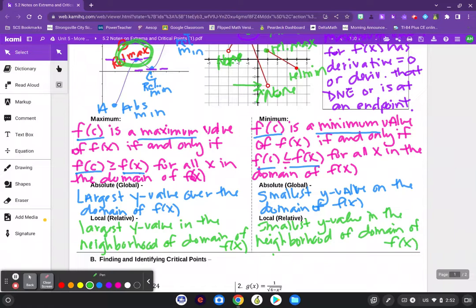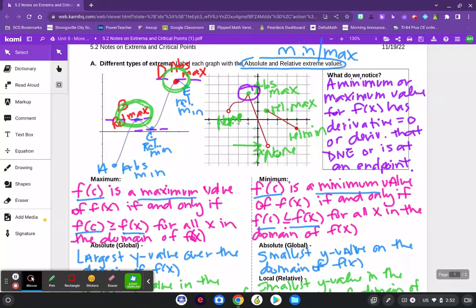Okay. So that's part one. Part one is just being able to look and identify where a function has a relative min, a relative max versus an absolute min or an absolute max. That can happen at the endpoints, or it can happen at corners like in my second graph.